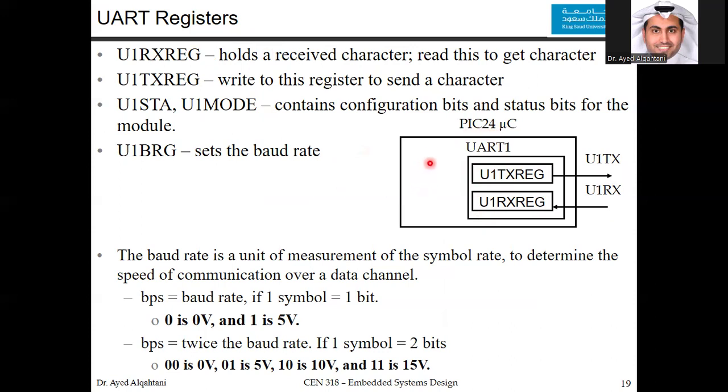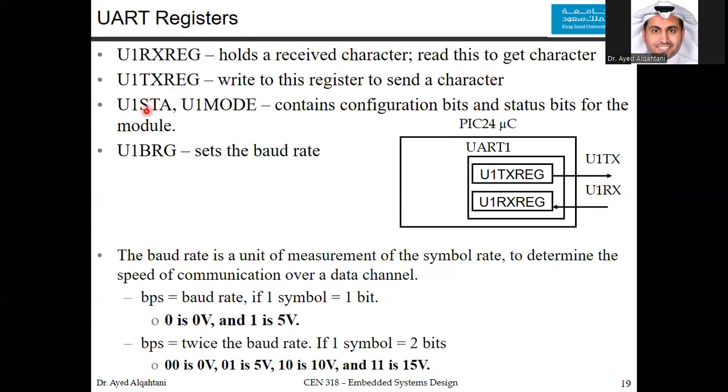From the internal bus, you send the data that you want to transmit to this register, and there you go, you transmit on the line asynchronously and bit by bit, meaning serially as well. Same thing for the receiver. Once you receive any data bit by bit, you store it in the receiver register, or the U1RX register.